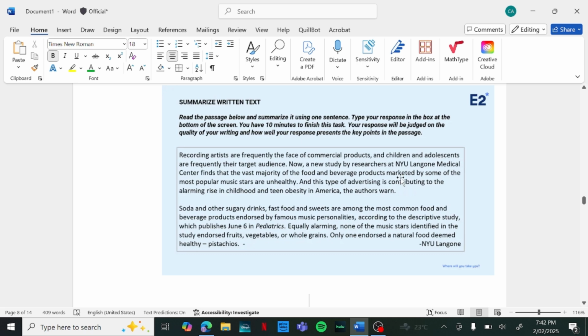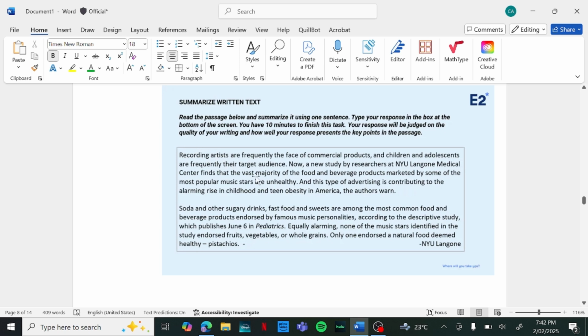Now, a new study by researchers at NYU Langone Medical Center finds that the vast majority of the food and beverage products marketed by some of the most popular music stars are unhealthy. Now, they've mentioned that they are the face of this commercial product, and this commercial product that they are actually advertising is unhealthy. And how was this found out?